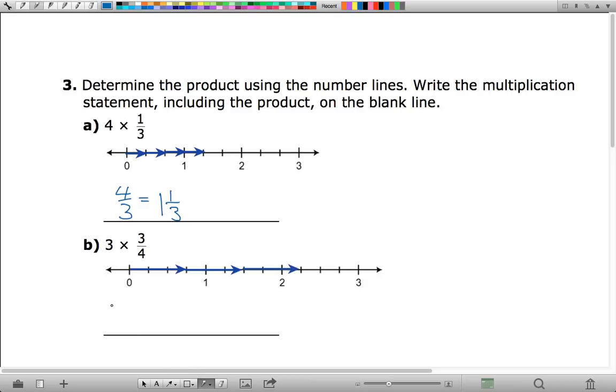We know that it's 3 times 3, 9/4, but we can also see here that it goes past 2, and we've got 1/4 of the way from 2 to 3.